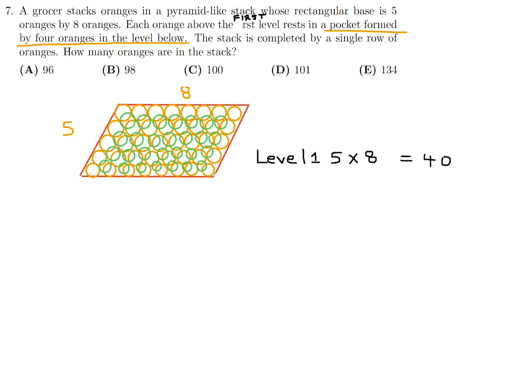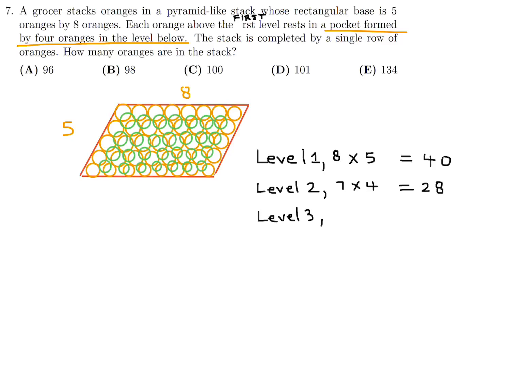In level 2, the oranges that I drew in green, how many did I get? I had 1, 2, 3, 4, 5, 6, 7, and 4. So 7 times 4. And that is 28. In level 3, they'll basically be very similar.